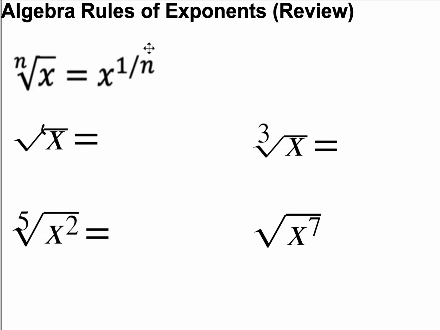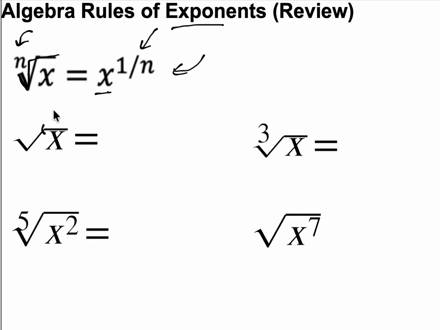All right, another rule we're going to use a lot is the rule of exponents. So when we have a radical, so this is a radical here, that's the square root, or we can say the nth root, I can rewrite that as a power function. Remember, a power function is a variable raised to a number power.